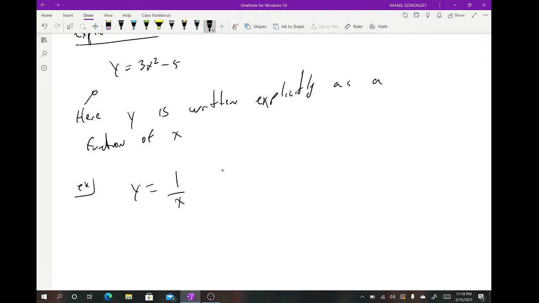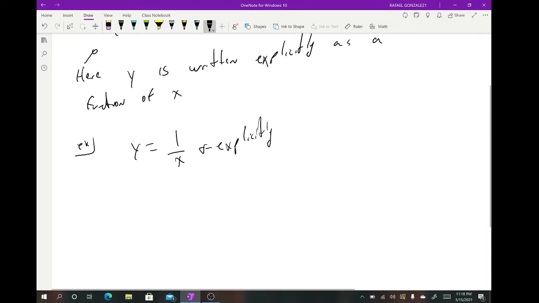We can see that this is expressed explicitly in this form. However, we could do the following. We could multiply y times x and 1 times 1, cross multiply.